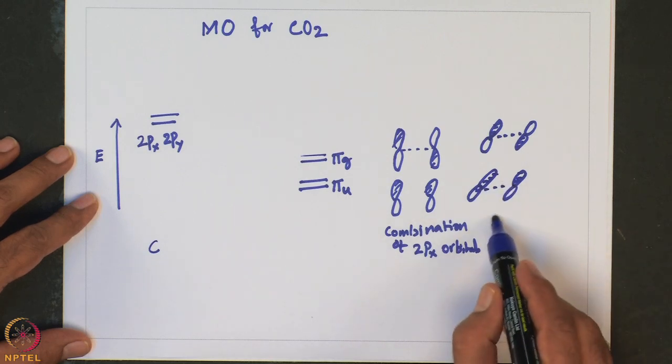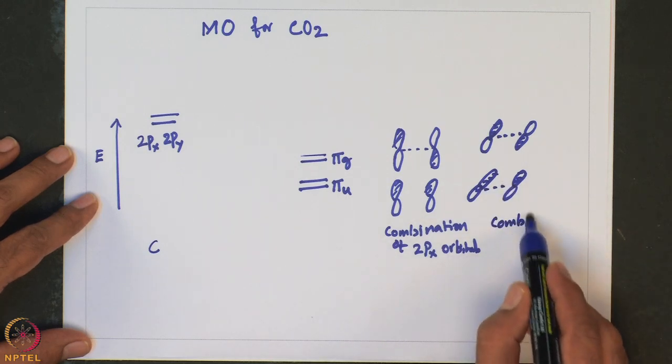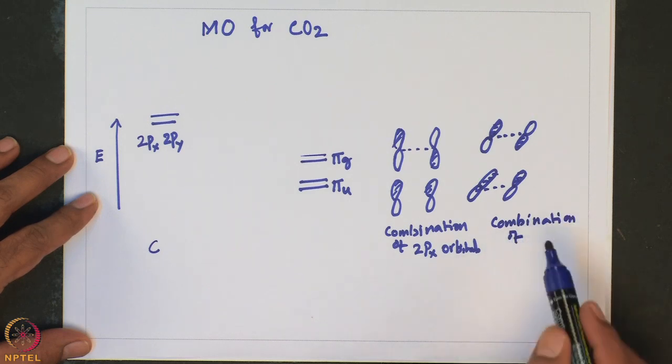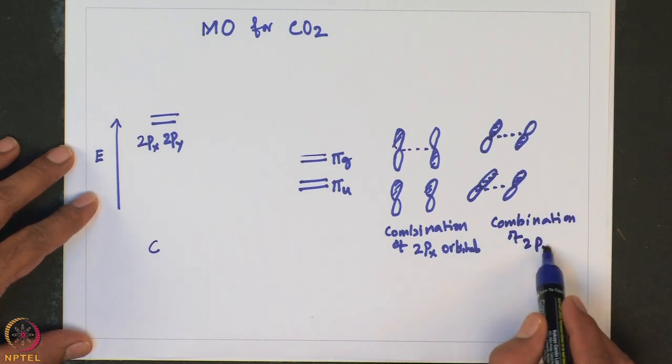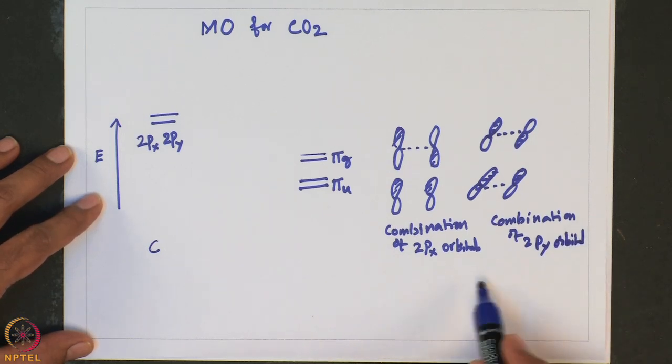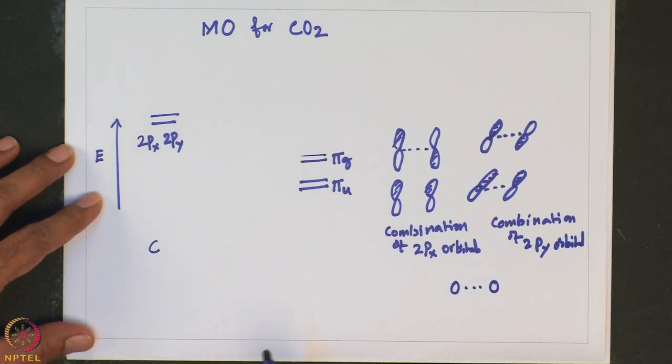So, here the combination of two py orbitals. Both represent O here. And now this is for CO2.